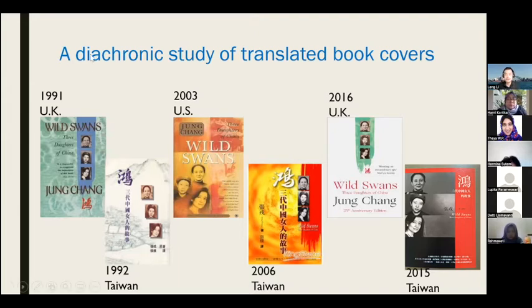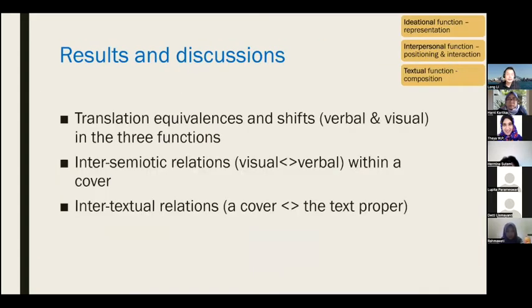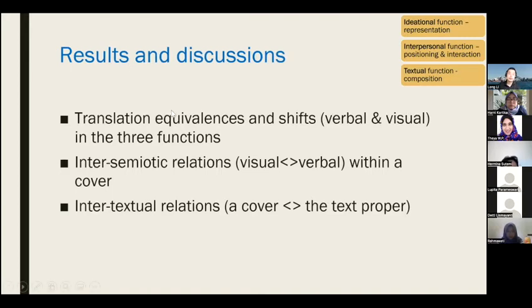And so that's how I've selected text in this diachronic study to look at the evolvement of covers across time. Now I will share some results and discussions in terms of what's the same and what's different, both visually and linguistically, in each of the 3 functions that I mentioned earlier.